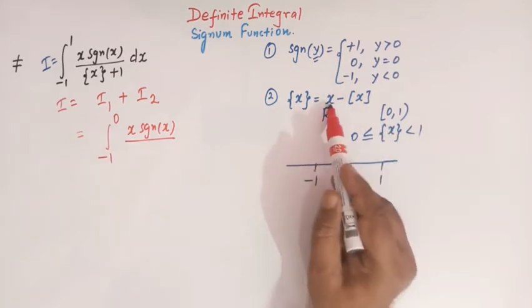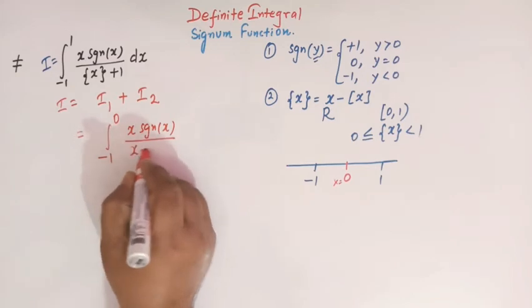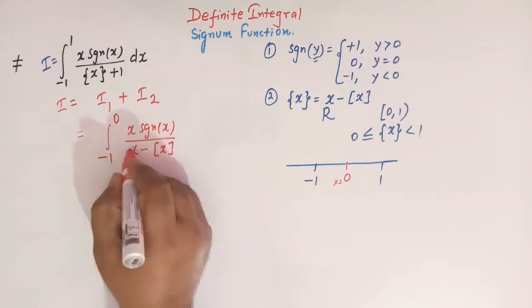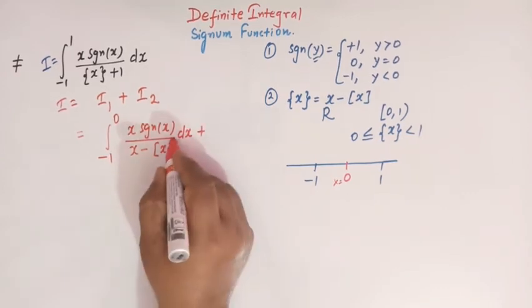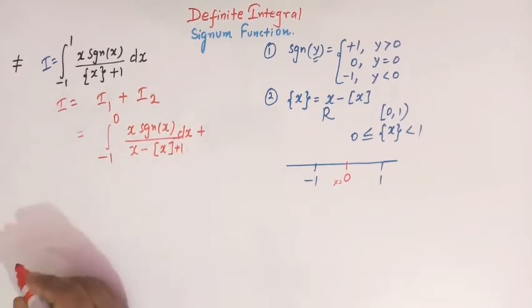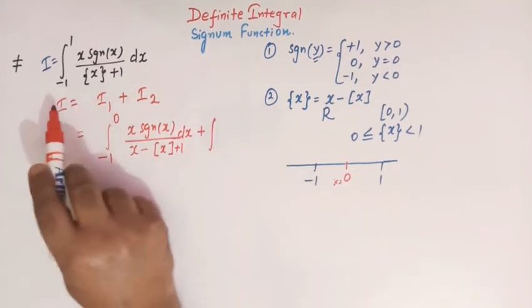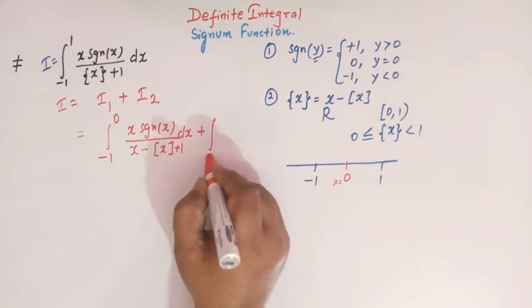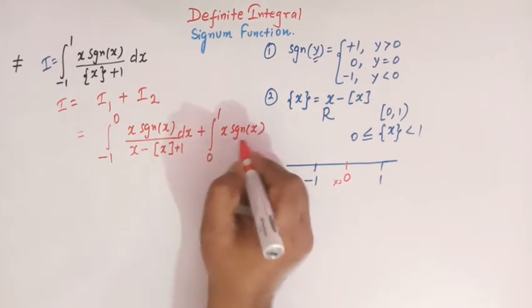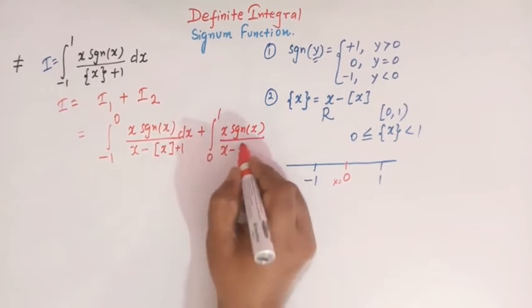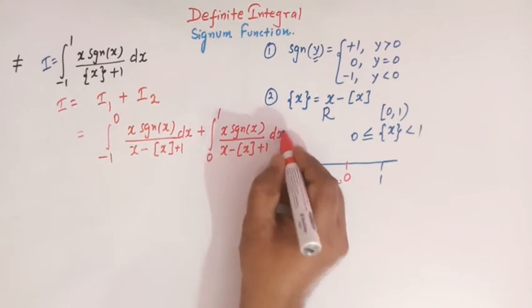Now we can replace the fractional part of x by x minus the greatest integer of x, so we have dx plus the +1, and then the second integral from 0 to 1 of x signum of x divided by x minus greatest integer of x plus 1 dx, right?